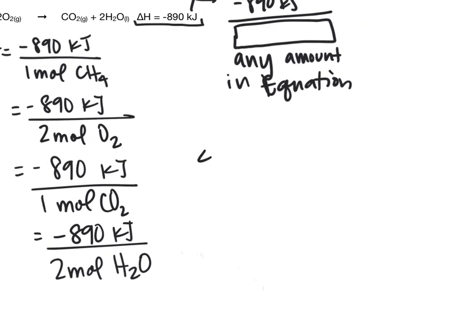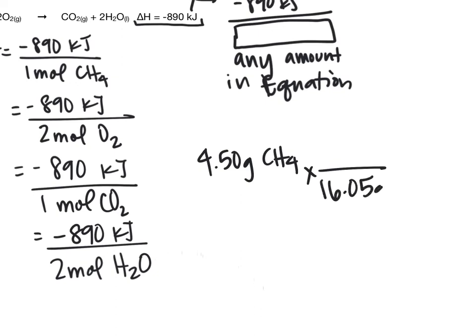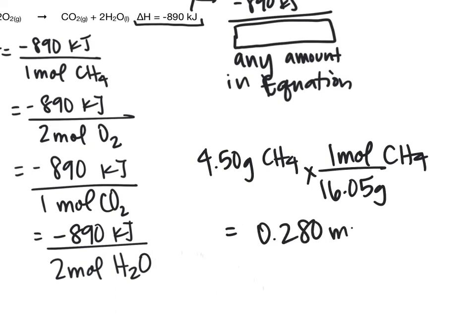So we want to take our 4.50 grams of CH4, and we're going to convert that using the stoichiometric ratio of 16.05 grams in 1 mole of methane. And that's going to equal 0.280 moles of CH4.